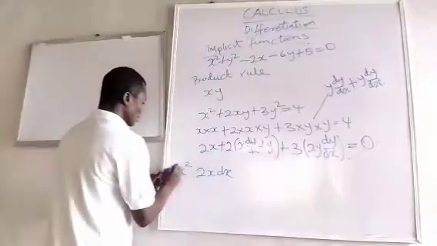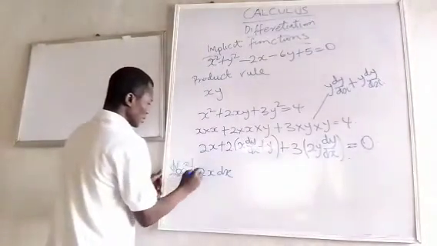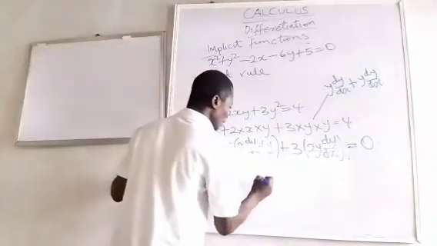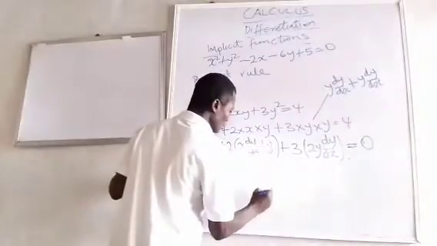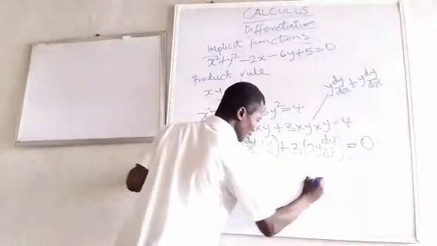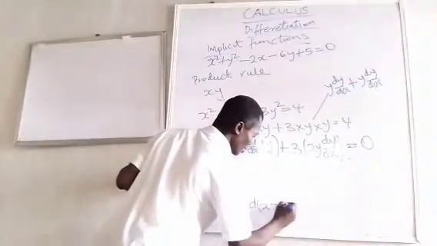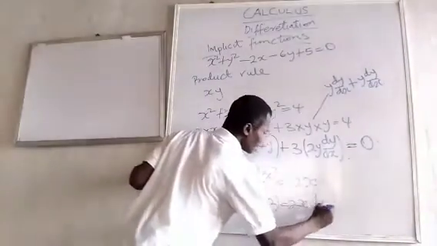When you have d(x squared), it is equal to this. Because if you differentiate x squared, it's going to give you 2x. So you can say d(x squared) is equal to 2x dx.